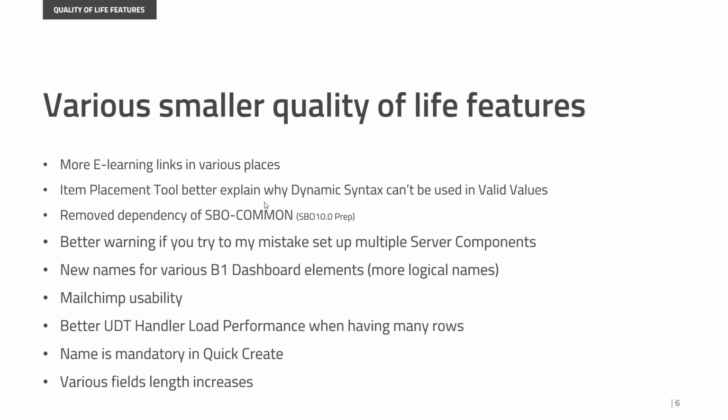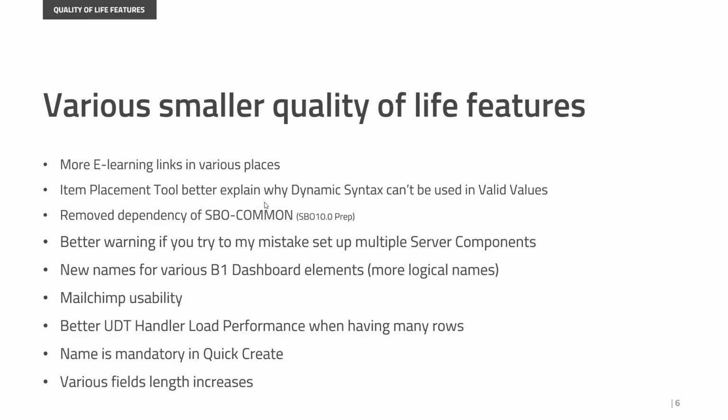MailChimp usability and how you put things on lists, small things. Much better UDT handler performance when having many rows. For example, when you have an extreme number of rows, like 10,000, it could in the past take over a minute to load. Now you're down to seconds. So a huge load performance improvement when you have a lot of data. With a small amount of data you won't really notice, but with a huge load you will.